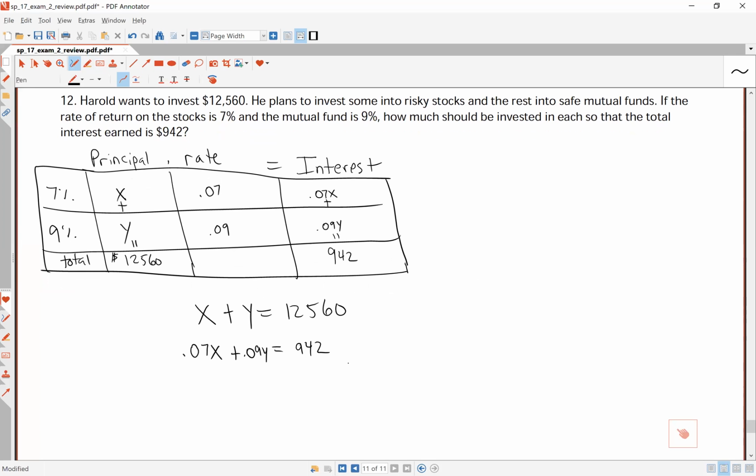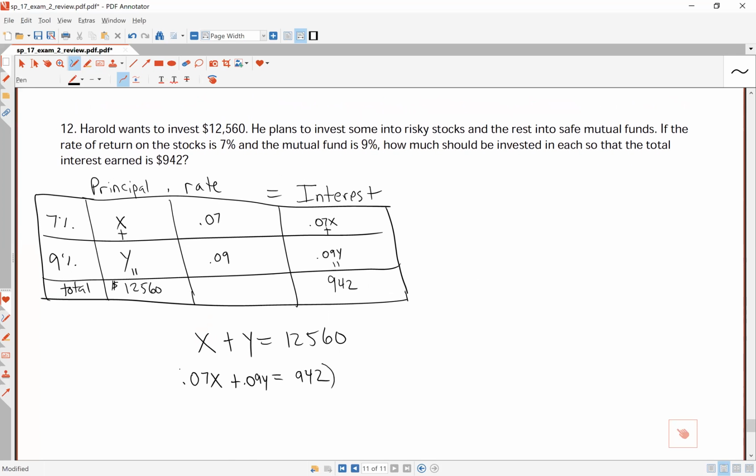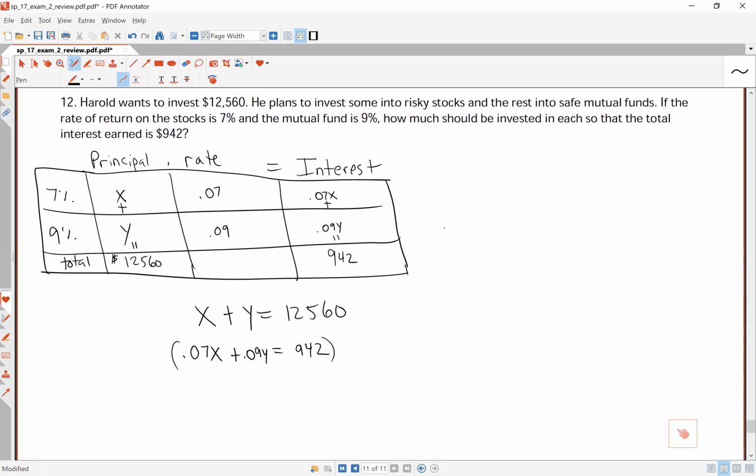I'd like to take my second equation and clear those 2 decimal spaces, multiply by 100. It'll give me 7x plus 9y equals 94200.